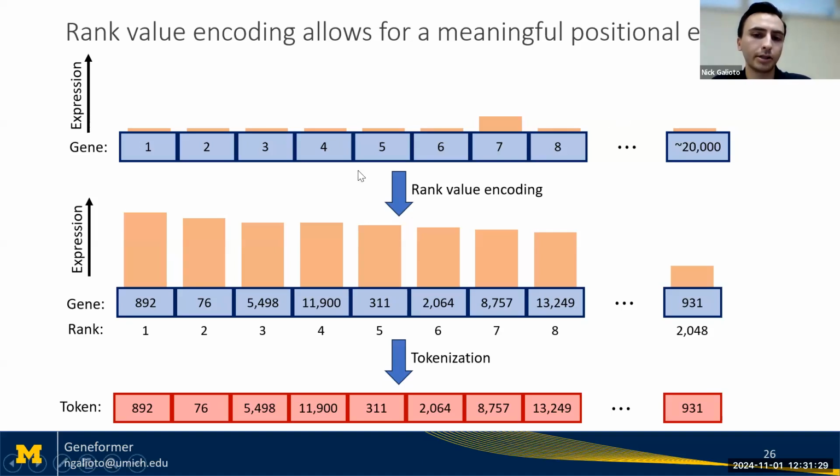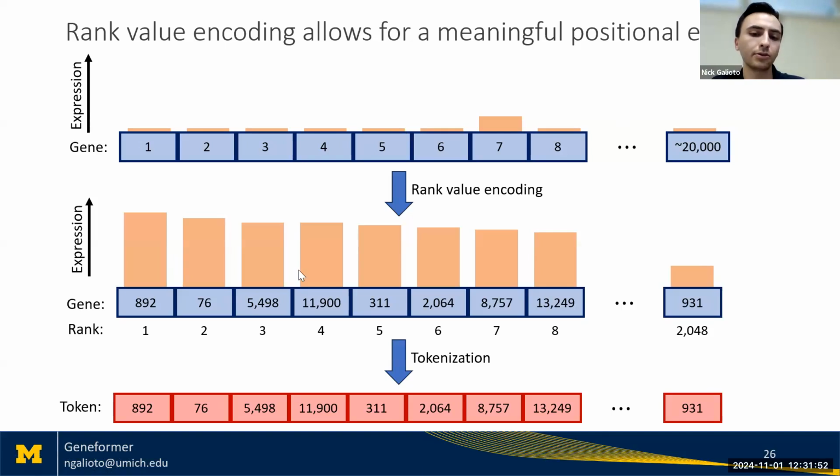And that's what this raw data in the top row is. Geneformer will do a rank value encoding where it reorganizes this ordering so that the most highly expressed genes are at the top of the vector. And then it will truncate it at around 2048 genes, just so that it's still computationally feasible.